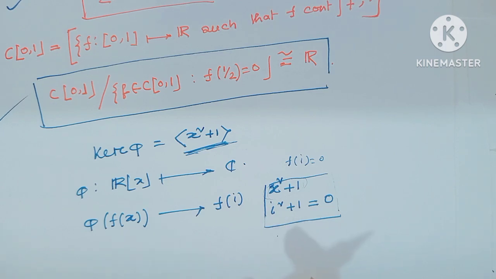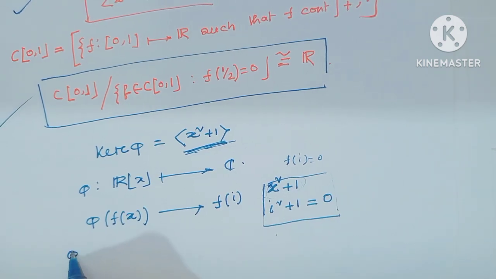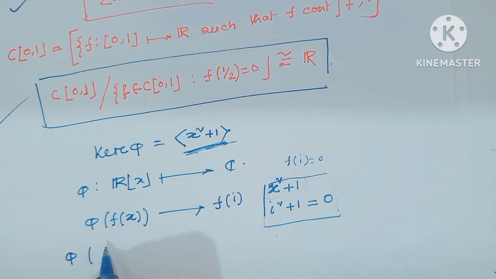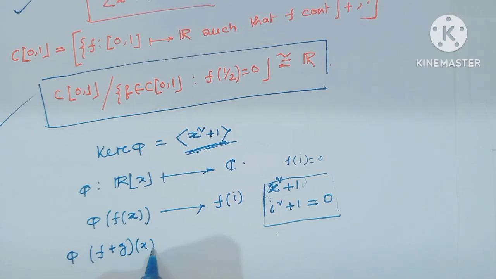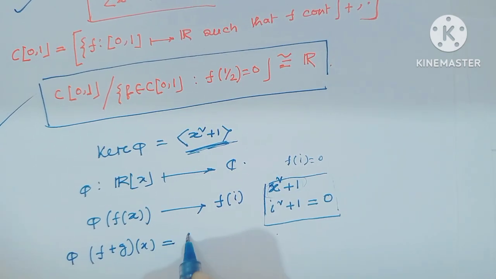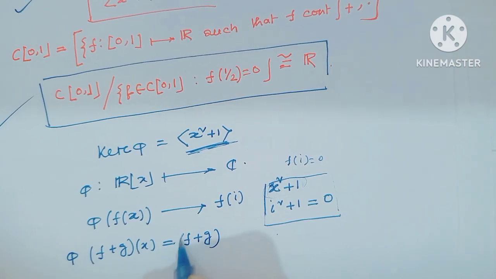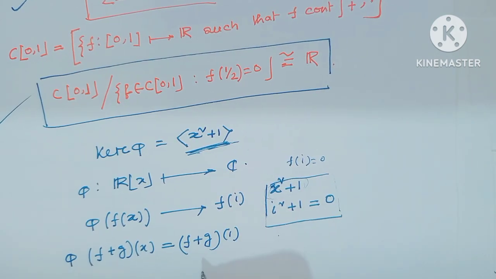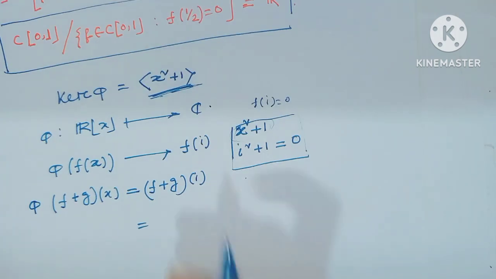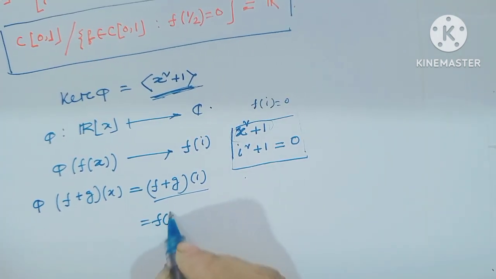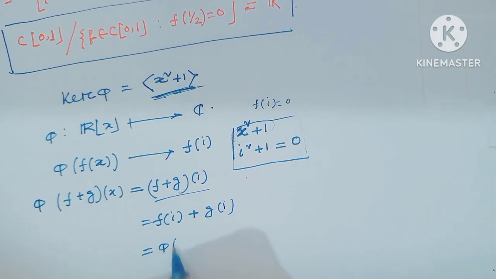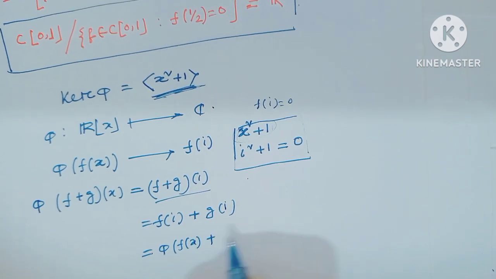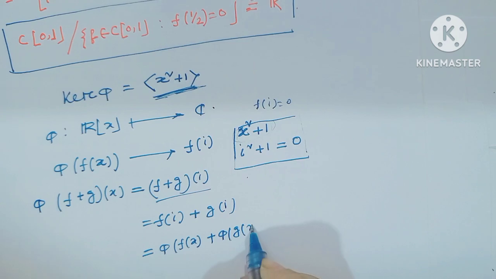At first pause the video and try it yourself. Is φ a ring homomorphism? φ of (f + g)(x) equals, by the defined function, (f + g)(i), and obviously this means f(i) + g(i), and this is equal to φ(f(x)) + φ(g(x)).